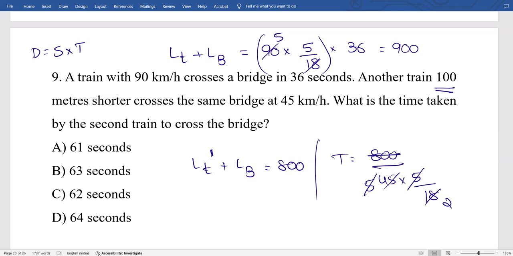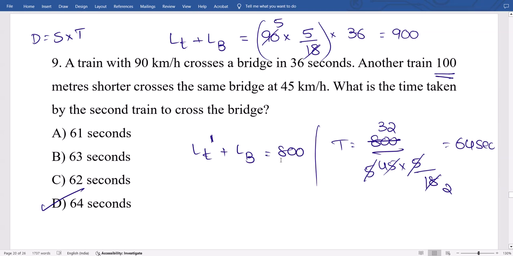So 25, we have 32 times, and these two will join there. 64 seconds is the answer. I don't know what is the length of the train, what is the length of the bridge, but still the answer is completed. Compared to previous, this distance is now 100 meters shorter.